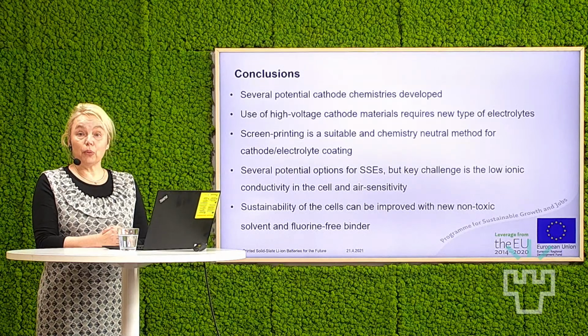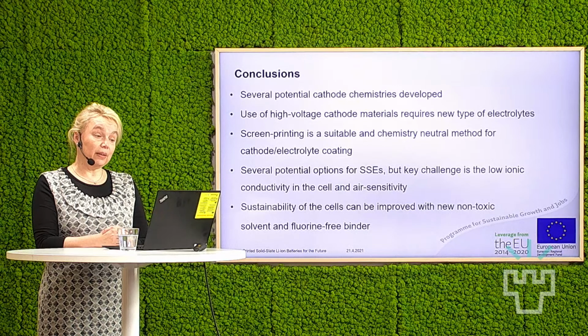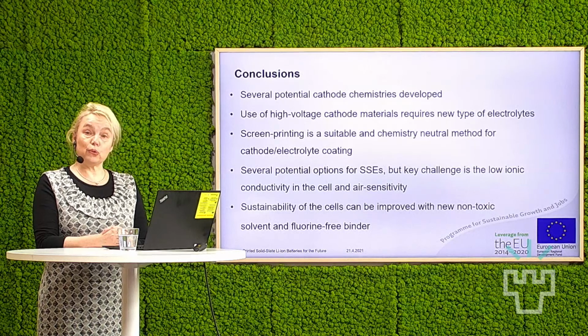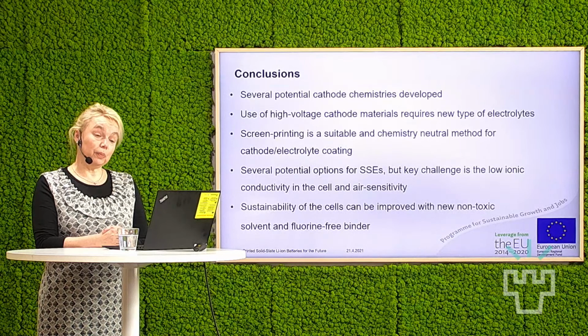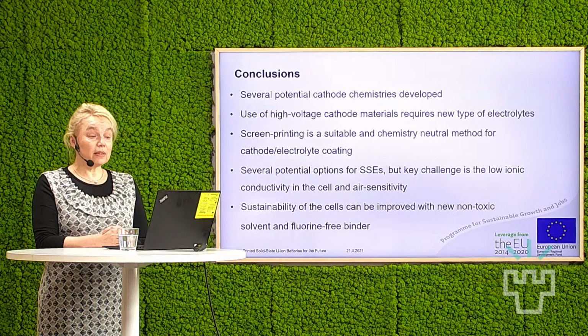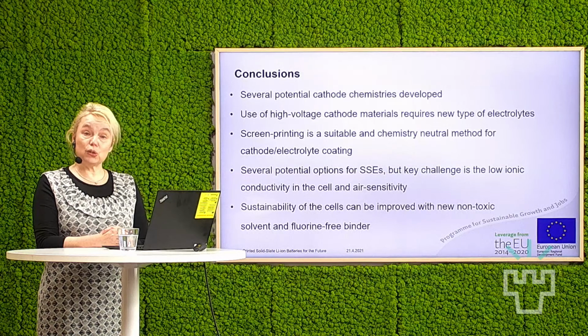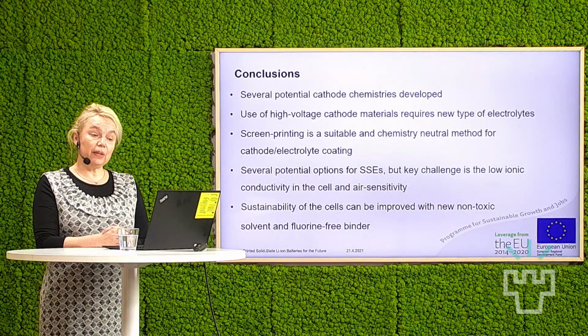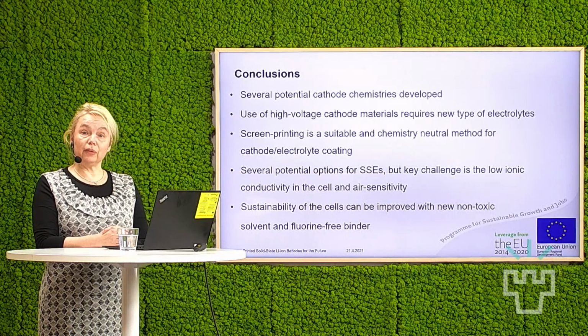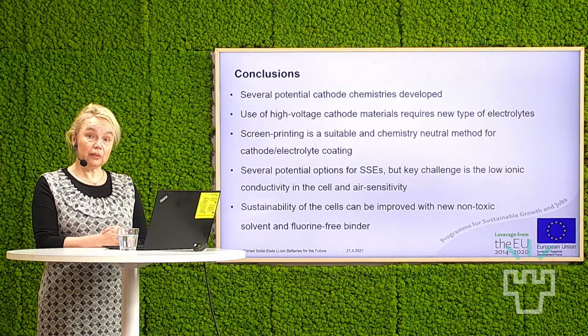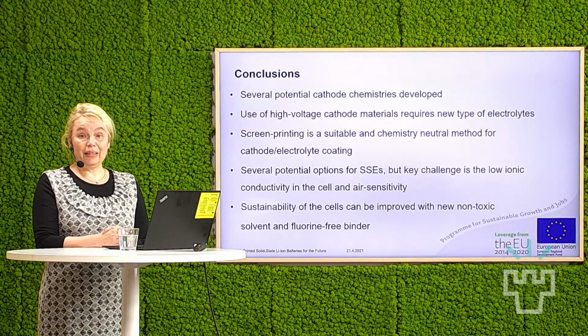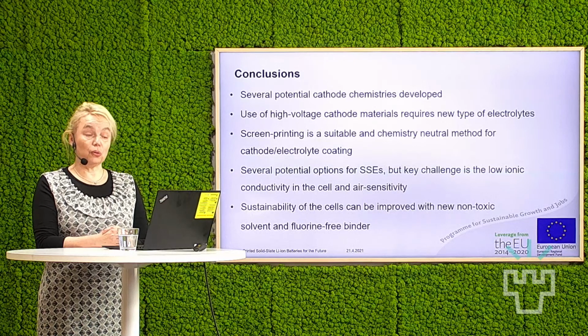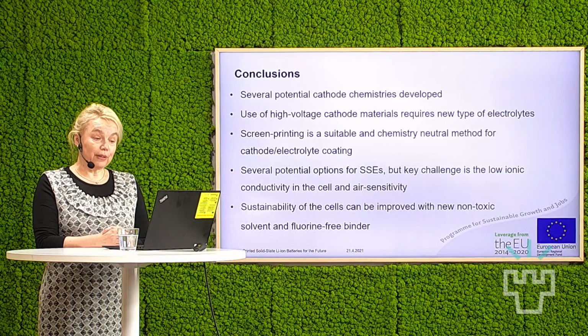There are several potential cathode chemistries already developed, and these high voltage cathode materials, which are now in the main focus, really require a new type of electrolyte for the battery cells. This screen printing seems to be a suitable and chemistry neutral method for coating cathode and cathode electrolyte layers, and hopefully in the future we can also control the interfaces very easily.